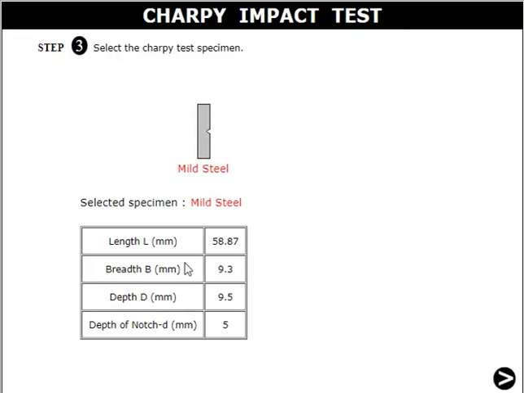Here the length of the specimen, as calculated by the software, is 58.87 mm, the breadth is 9.3 mm and the depth is 9.5 mm. Then the depth of the notch is equal to 5 mm. This is the specimen specification for this mild steel sample.